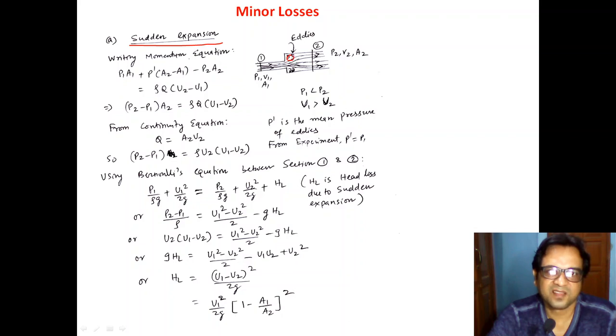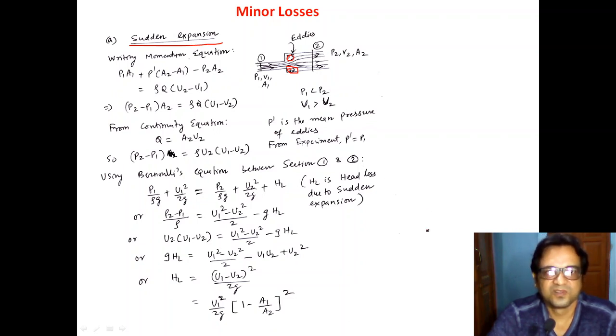Towards the corner of the expansion, some fluid is trapped, and that fluid cannot flow with the main flow, and it is recirculating. These are known as turbulent eddies. They are trapped in the corner. That trapped portion will also impart some force in the main direction.